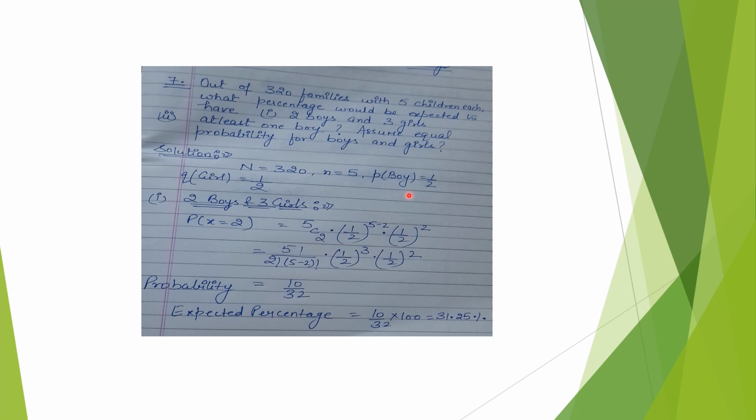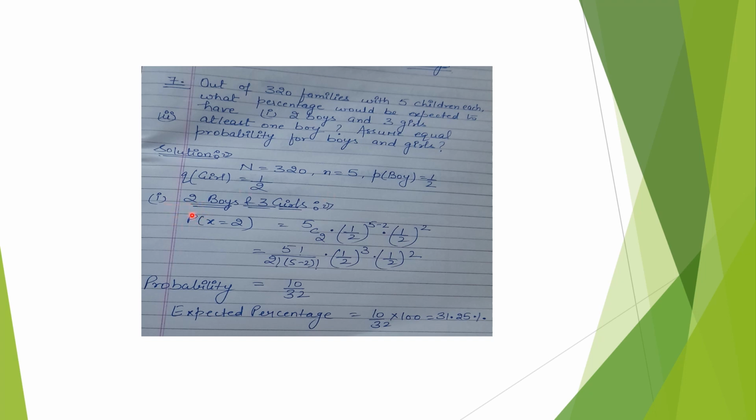So P, the probability of boy, is equal to 1/2, and Q, the probability of failure, which means the complete opposite assumption to P, will be girl, and the probability of birth of a girl child is also equal to 1/2. So these are the basic assumptions for this question before solving the points they were asking for.